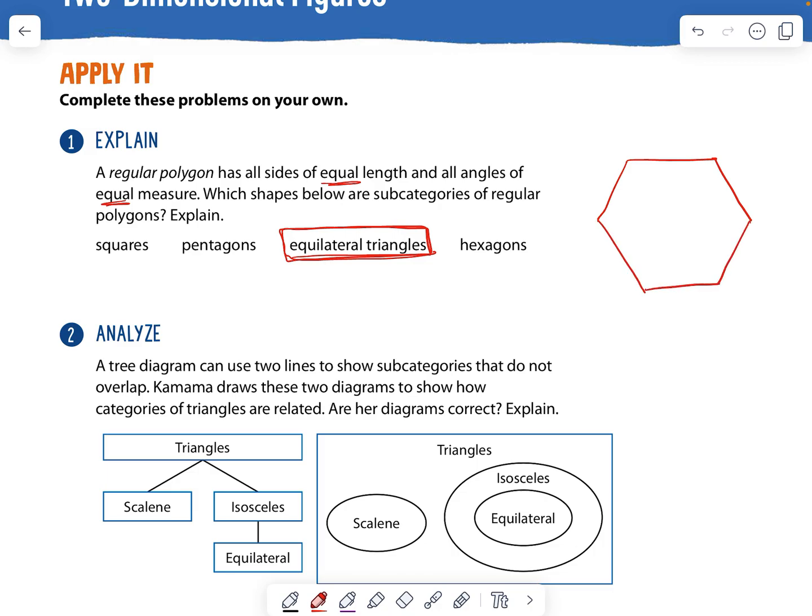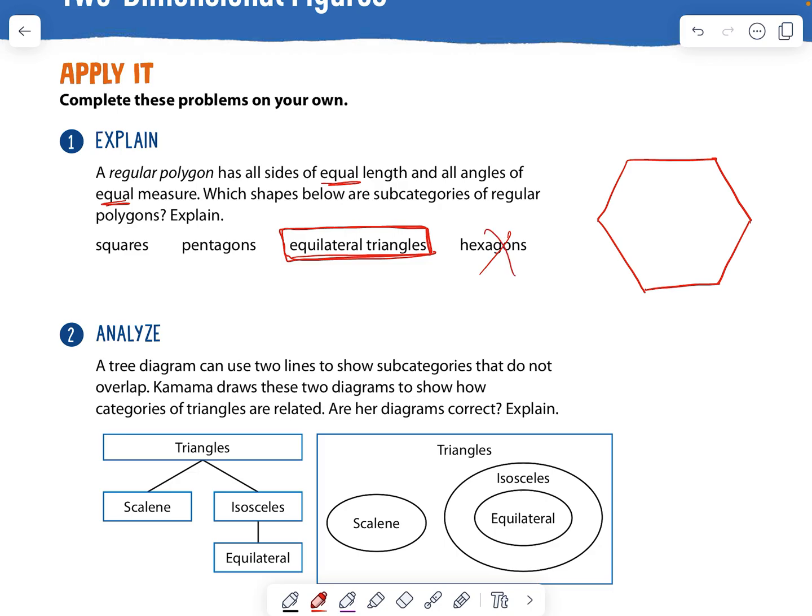The thing about hexagons is that they have all equal length, and some of their angles are equal, but not all of them.